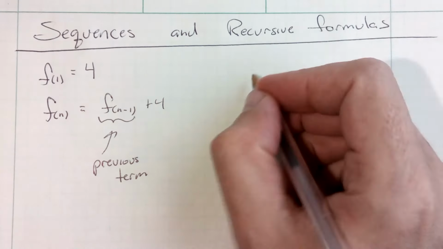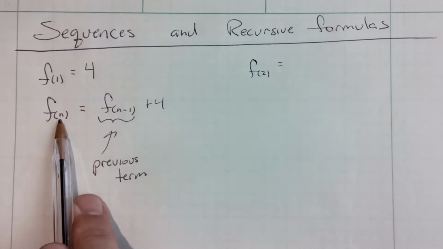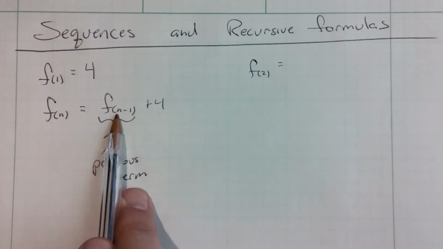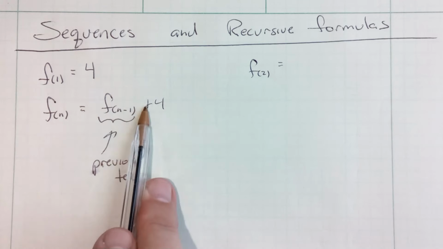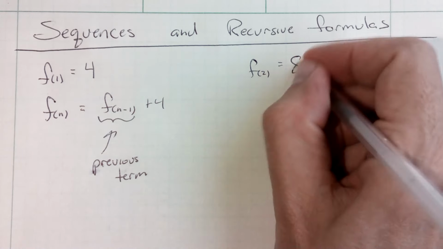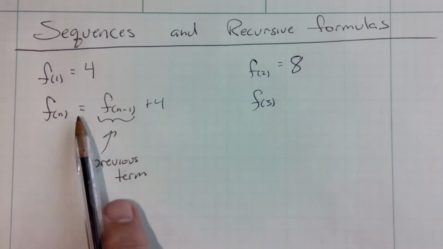So then if you wanted to find f of 2, 2 minus 1 is 1. You'd take f of 1, and f of 1 is 4, and you'd add 4 to it, which would be 8. To find f of 3, put a 3 here.